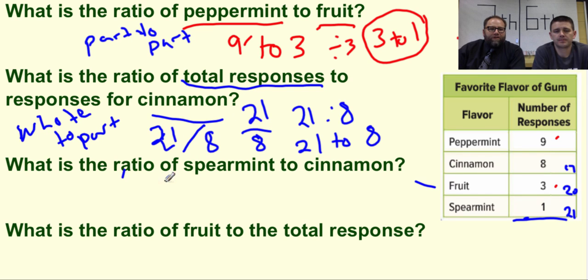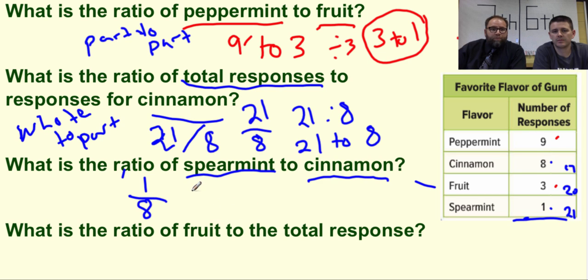The second to last one here: ratio of spearmint to cinnamon. Spearmint to cinnamon sounds like it's going to be part to part. So spearmint then is just 1 there. Cinnamon is 8. Bring my 1 over. Then set up my fraction. It looks like a fraction, but it's a ratio.